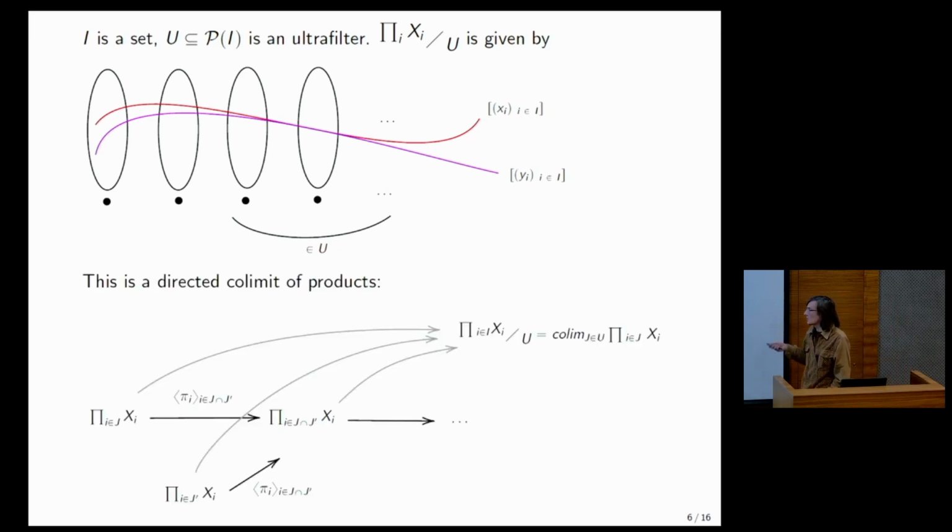But you could also phrase it category theoretically. You take these products of these structures, but not all of them, just ultra many of them, and then you take these refinements, so the colimit along the projections, and then you get the same thing.